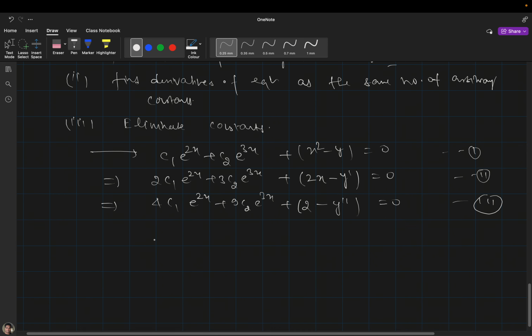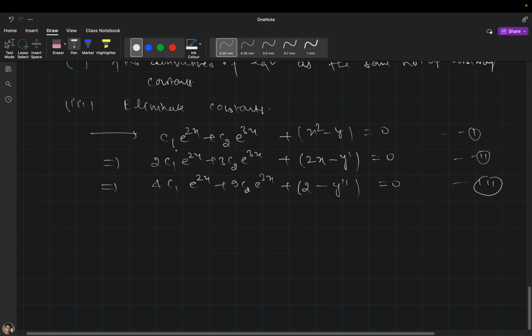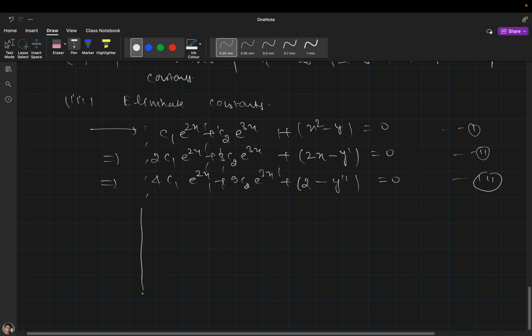So I have one shortcut. I have arranged this equation in a very efficient manner. Then I will just write it in the form of determinants. The constant c1 has e raised to the power 2x, the constant c2 has e raised to the power 3x, and then x square minus y.